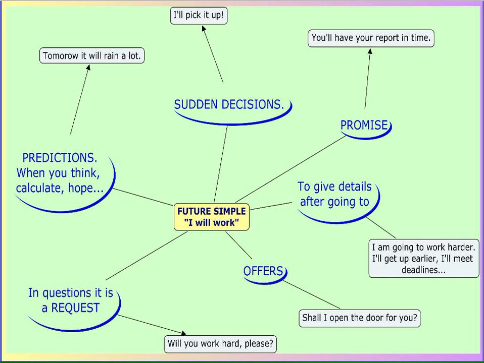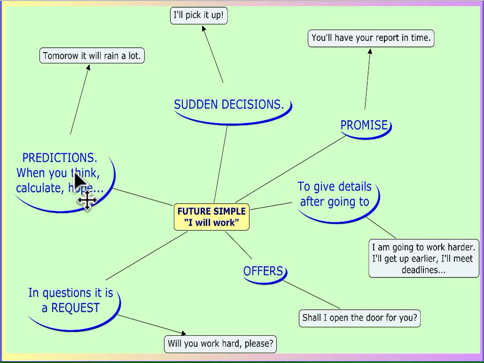And the future simple, well, you may think, wow, it's very difficult, but if you understand the previous ones, well, the rest is future simple. So, but let's see it in detail. For example, predictions.